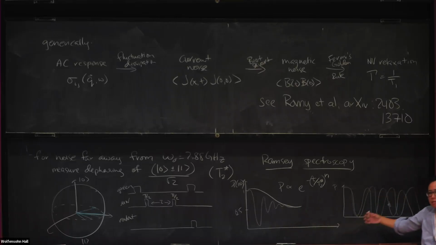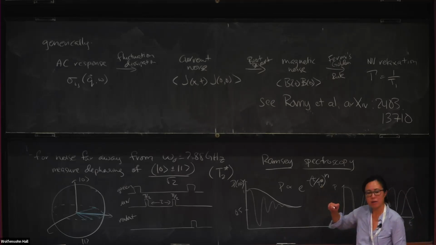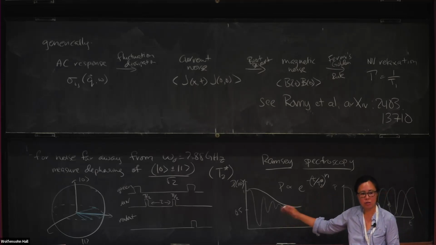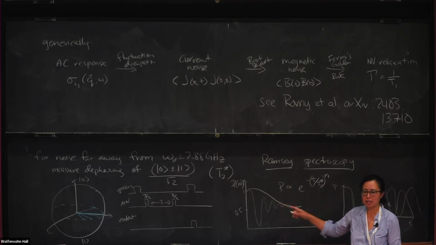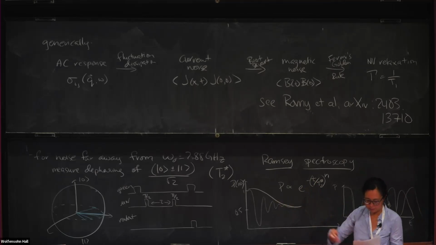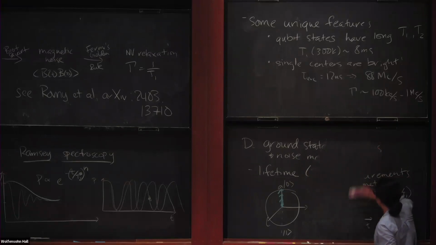So if I want to use this as a measurement of the static magnetic field, the game is get my T2 star as long as possible, which is isotopic purification, stability of your magnetic fields, all of that stuff. But then the other thing that I can ask is, given that I have some background T2 star, I can now use this to measure quasi-static noise of some system that I'm staring at, as long as that thing is dominant over my background T2 star. Okay, so generically, I want very long T2. All right, so that's where you're stuck if you want to look at DC fields.